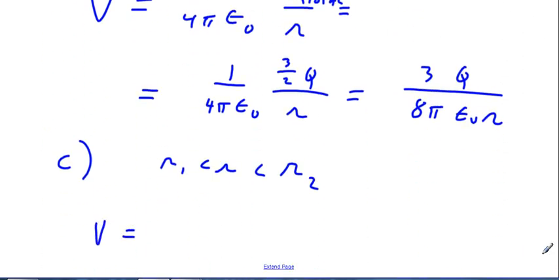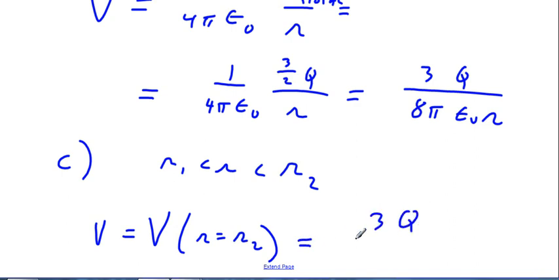Alright, so the voltage is going to be equal to the voltage at R equal to R2, which is going to be 3Q over 8 pi epsilon naught R2.